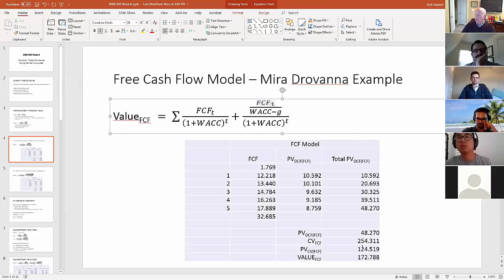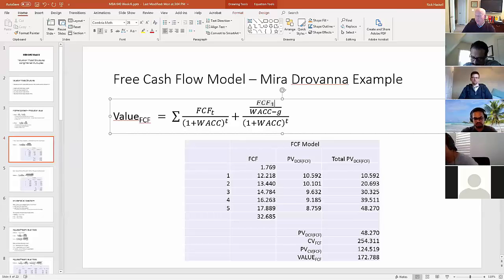Well, as I go ahead and put together my continuing value here using the free cash flow in time one, which is 32.685, I divide it by WACC minus G, and the WACC was 16.59, and the G was 2.5%, I think. That leads me to this 254,311 number.